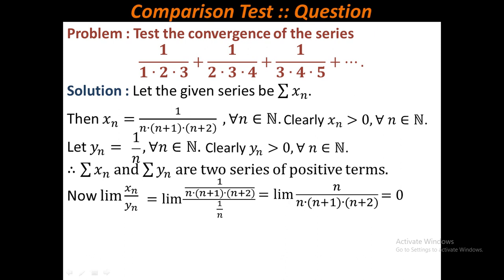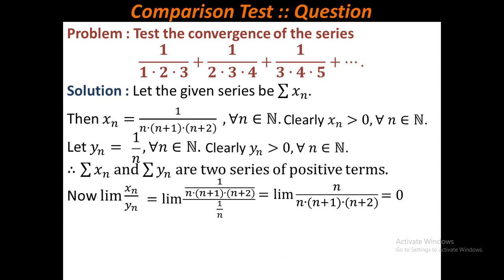If you divide a smaller number by a larger number, suppose you divide 1 by 1000, this will be very, very small. If you divide 1000 by 1, this is large. That means it tends to infinity. So here the denominator is larger.